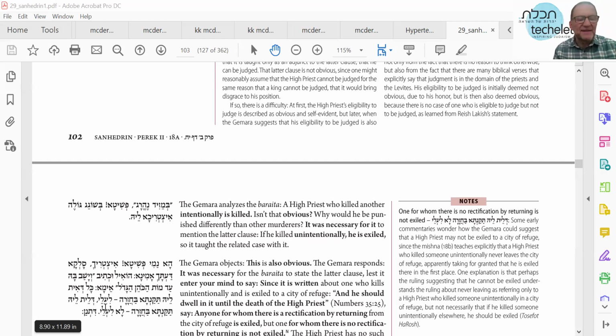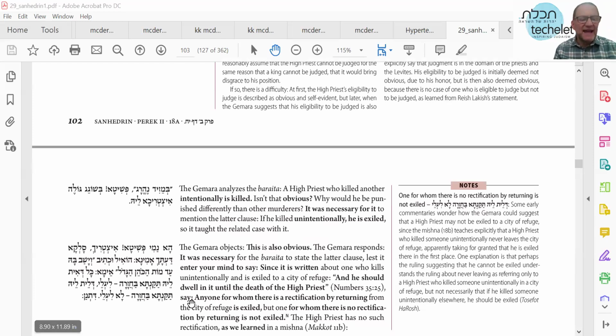Anybody who has the opportunity to return from the city of refuge, ligle, he is exiled. D'leit lei takanta b'chazara, if there is no possibility that he can ever be released and return, lo ligle, then he's not exiled in the first place. That's what you might think.